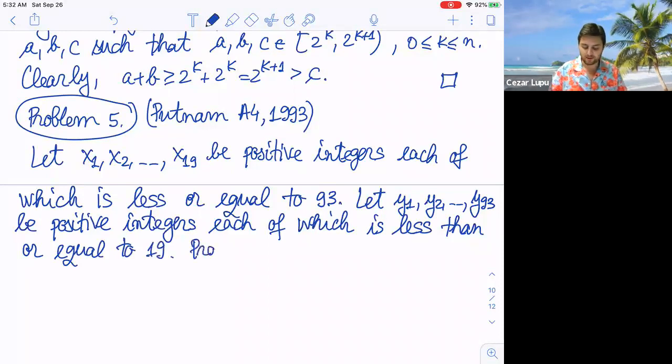Prove that, well, actually, this is very artificial. You will see why.